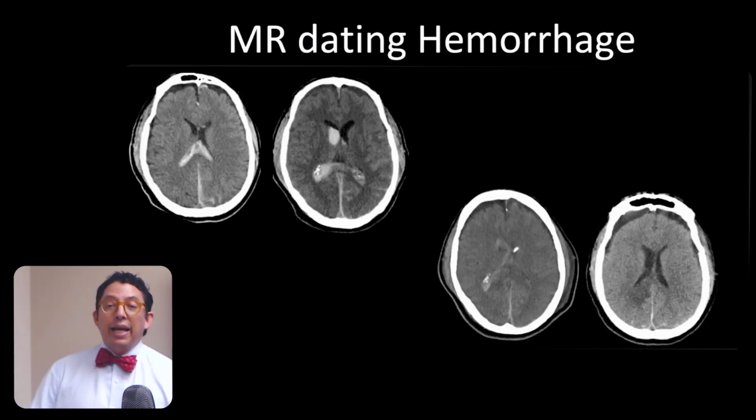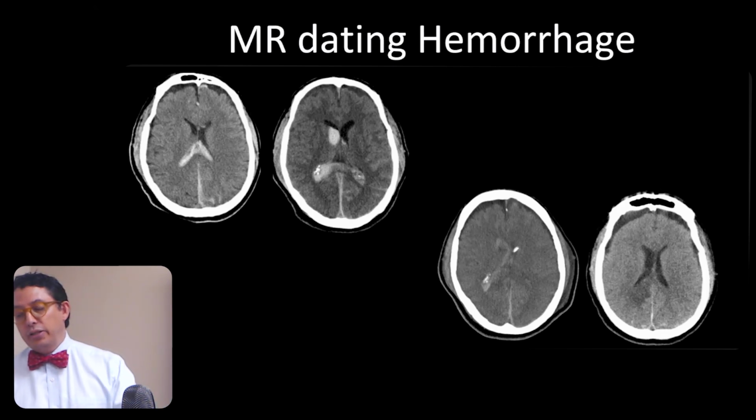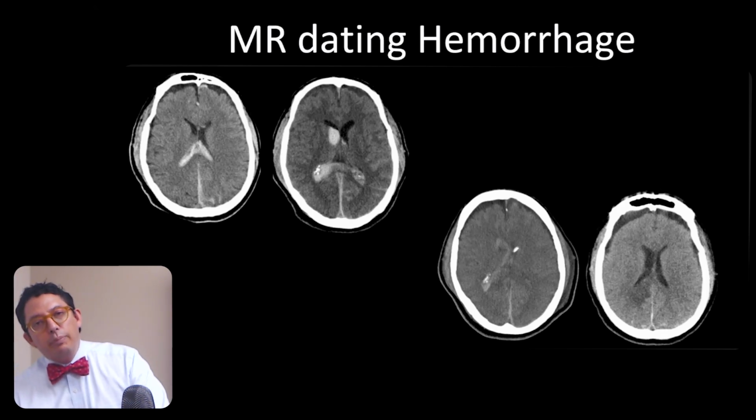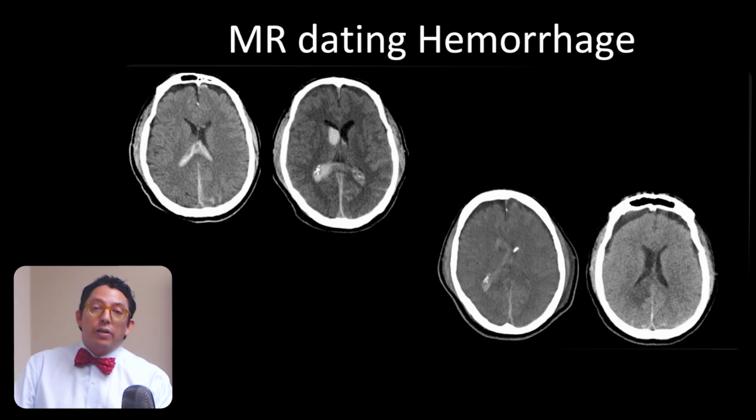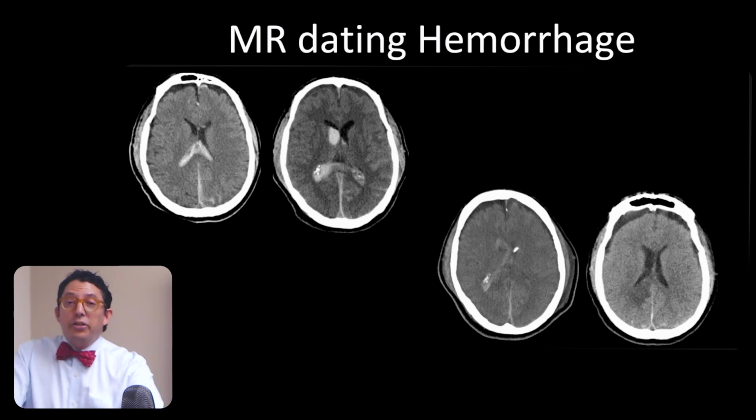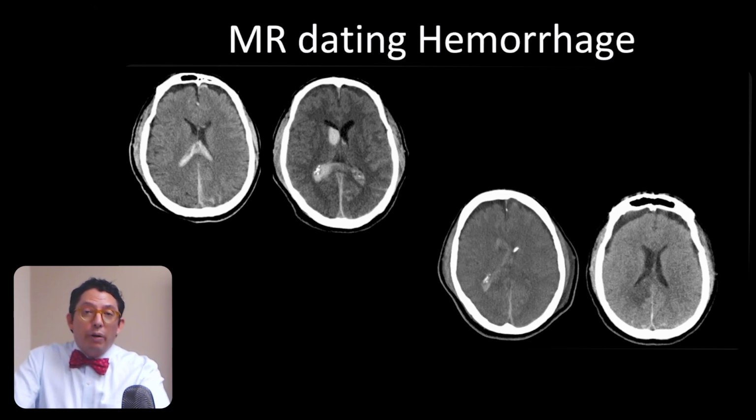So dating hemorrhage in CT, this is one of the things that we're going to start talking about, is kind of tough. Even though we have discussed that the hyperdensity of the acute bleeds is because of iron, we also discussed in one of our previous videos that if the patient is anemic or the patient has replacement of blood by other products, sometimes it will not be as dense as you expect.